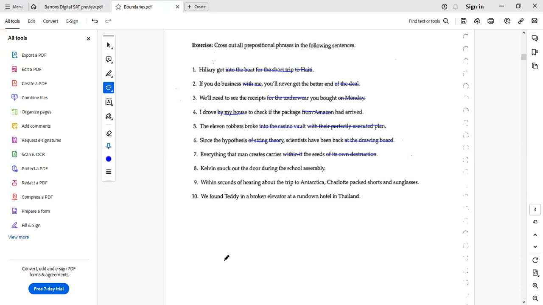Number 8. Dalal. During the school assembly. This one. There is another one: out the door. Thank you. Dunya. Within seconds. This one. Of hearing. This two.